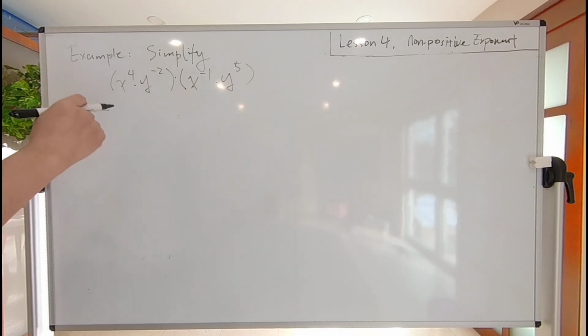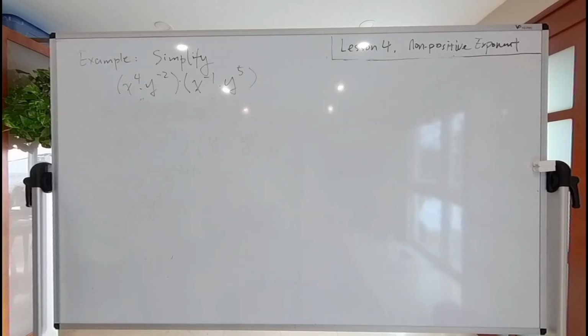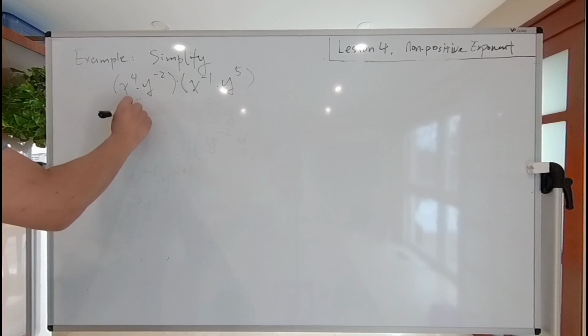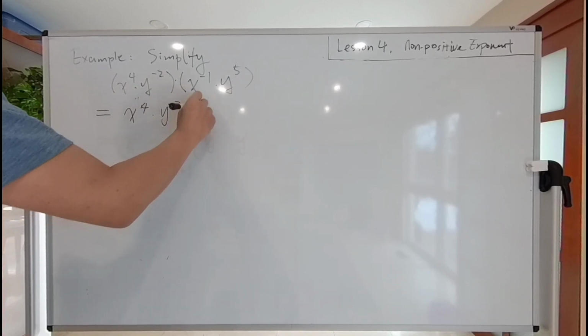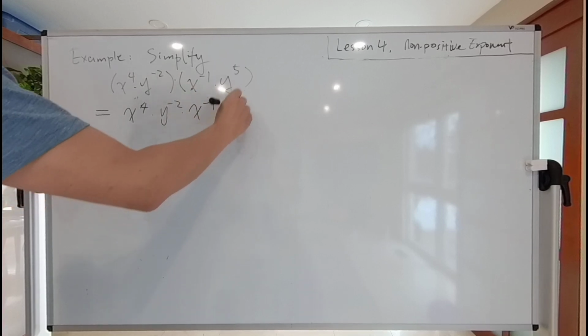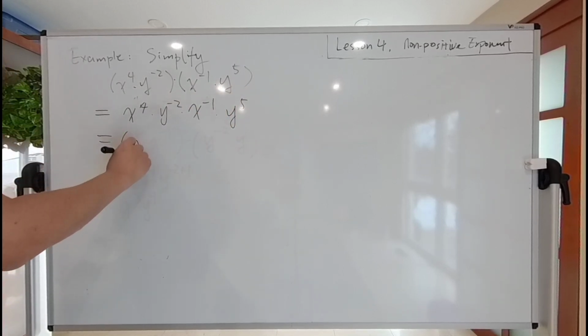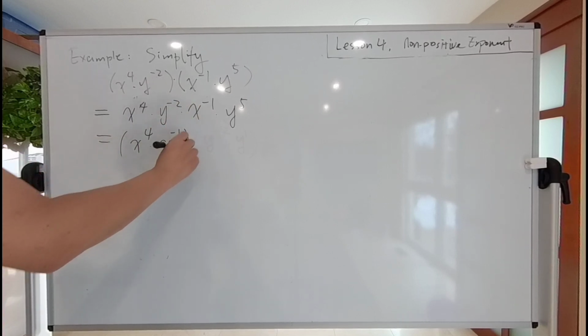Remember that all the conclusions are based on having the same base, and then you can group or simplify. So this can be written, by expanding the brackets, as the product of the 4 terms, and then I can group the terms with the same base together.